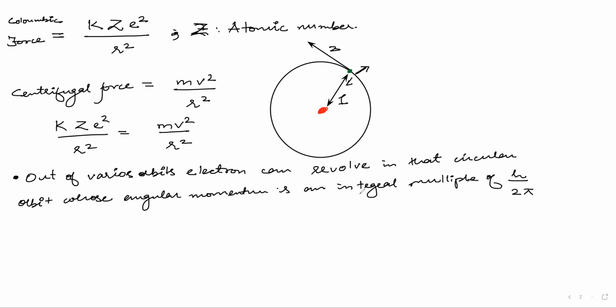What is the angular momentum? Angular momentum is m into v into r.